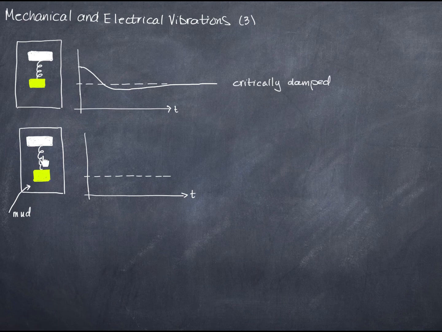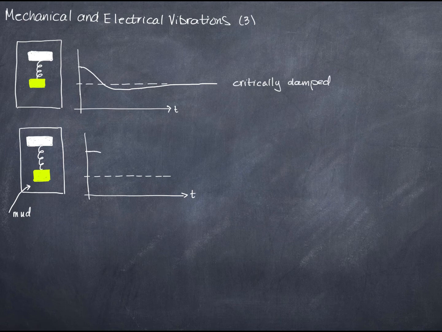So if I push this up now, its starting place is still going to be in the same position, but it's going to have so much resistance pushing back on the weight on the system that it's not going to be able to come past equilibrium at all. It's not going to have enough to overcome the resistance in the mud. So our behavior in this case would look something like this.